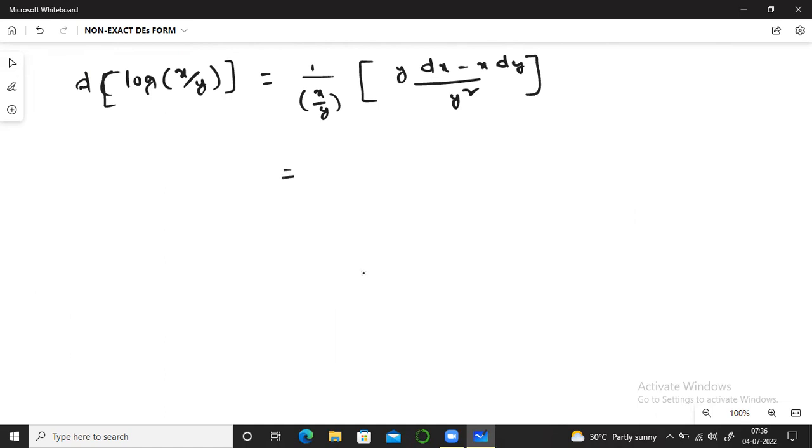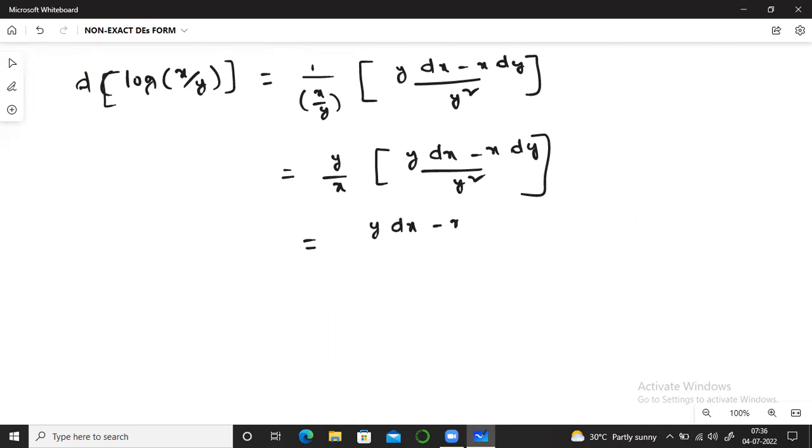This x by y you take top, it means it will be reverse: y by x into (y dx minus x dy) over y square. y will cancel. It means (y dx minus x dy) over x into y. One y will cancel here, so automatically this formula came.